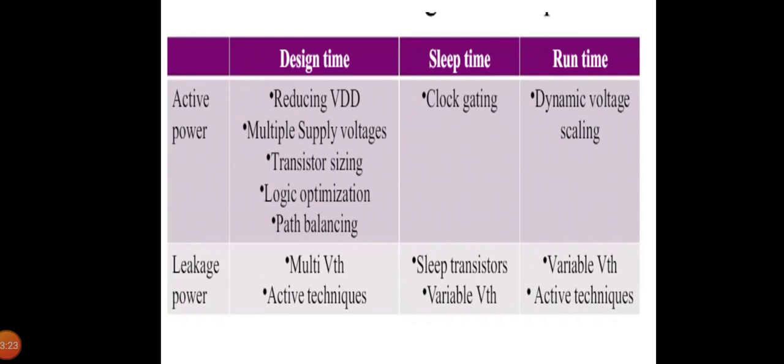And in runtime, dynamic voltage scaling can also be used. Similarly, for leakage also, in design time, multiple threshold voltages can be used and active techniques can be employed. Whereas in sleep mode, sleep transistors and variable VTH are used, and variable VTH active techniques can also be used at runtime.